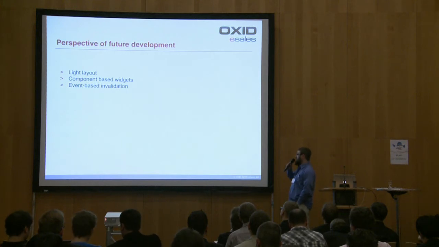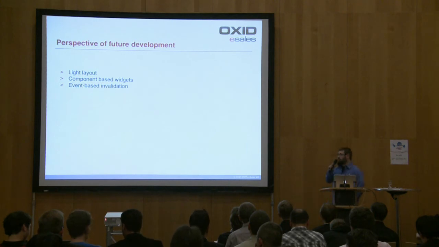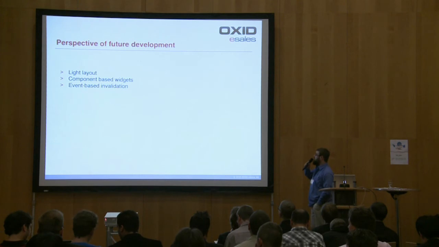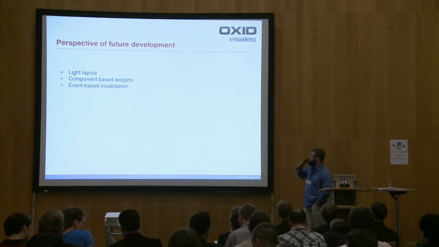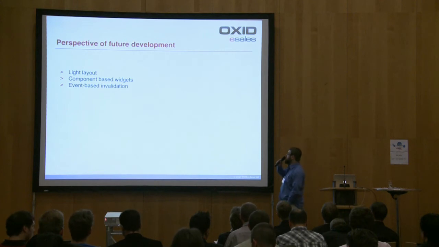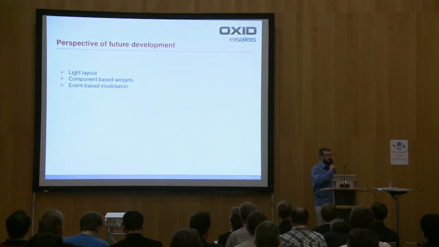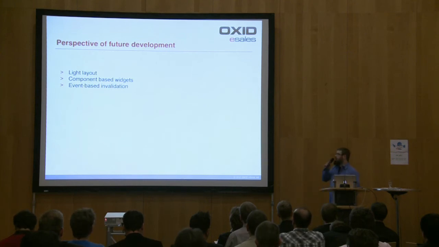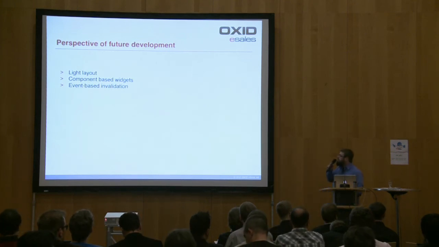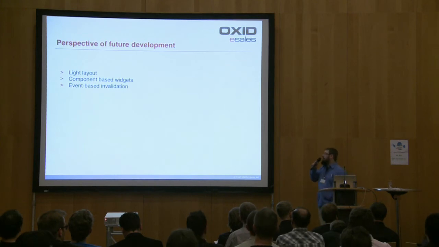Also, we want component-based widgets. We want all different logical components to go into widgets. As it helps with caching time, it would help us reach different caching times, and also help make the layout much, much lighter. And the interesting thing we want to reach is that all of those components would have event-based invalidation.